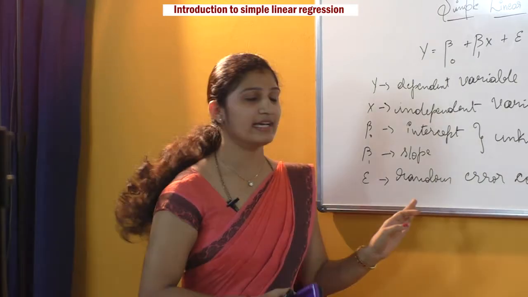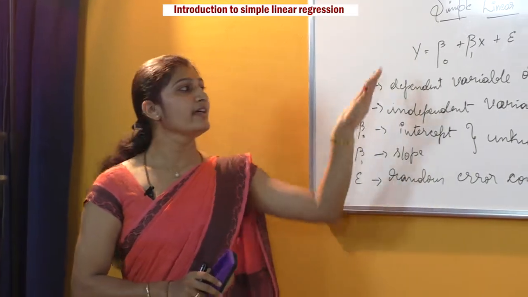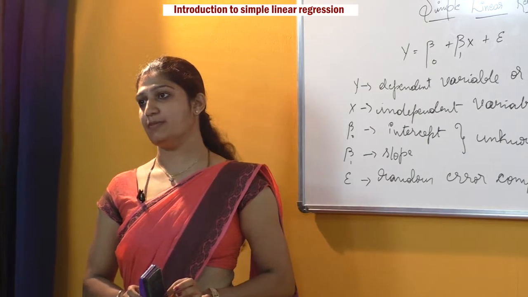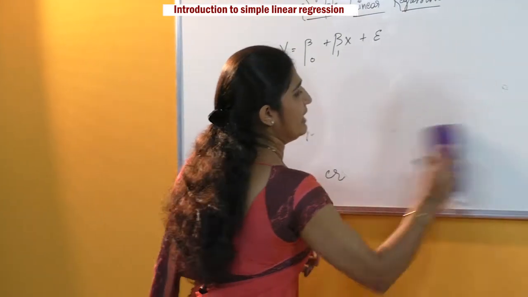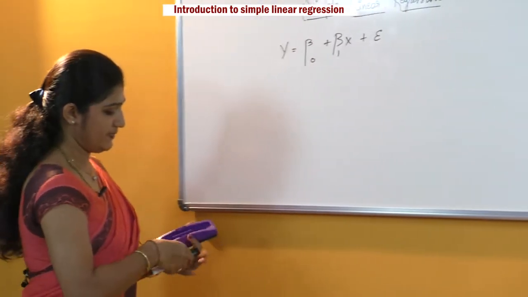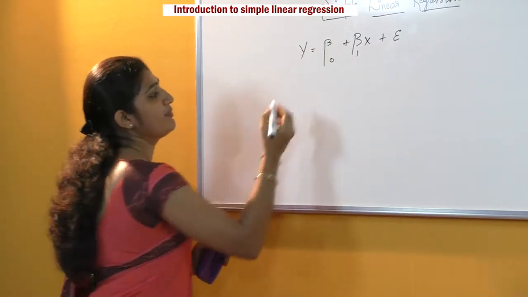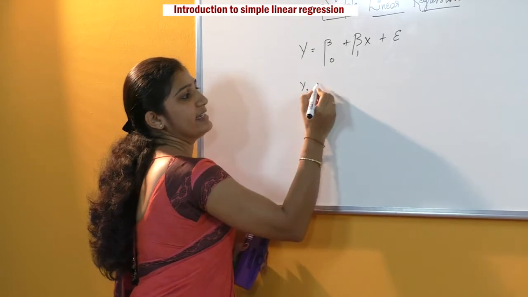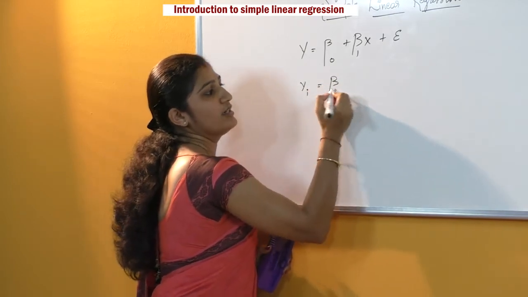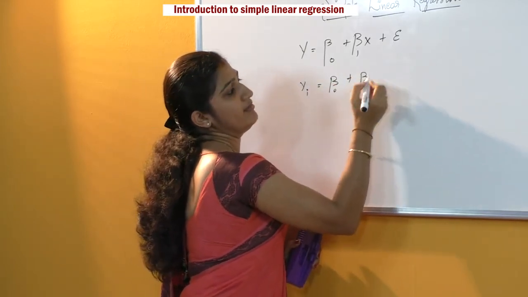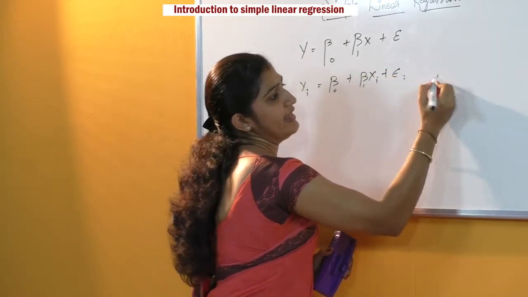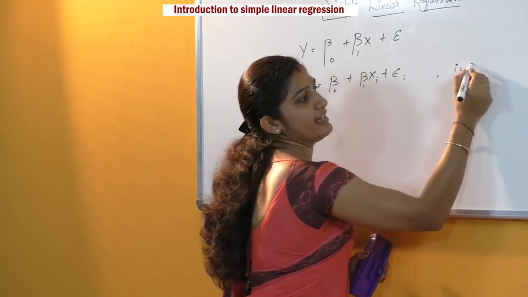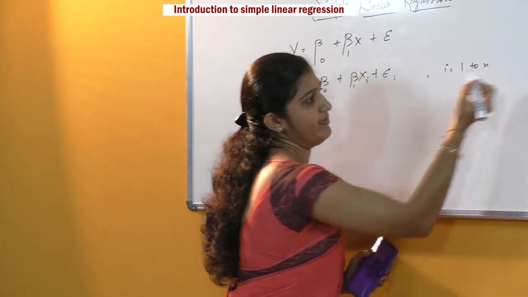Now let's make assumptions on the simple linear regression model. Let me consider the model yi = beta naught + beta 1 xi + epsilon i, where i takes a value from 1 to n.